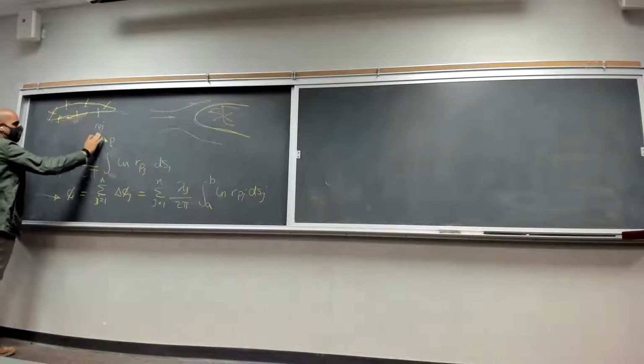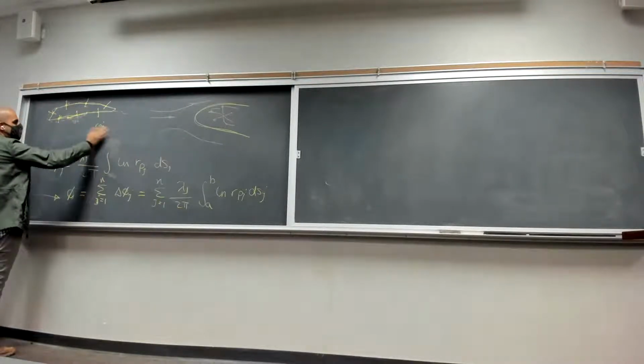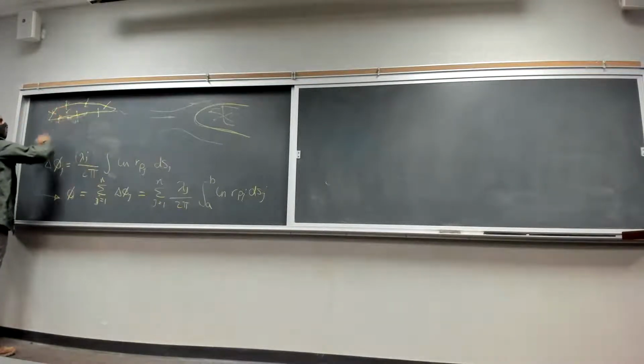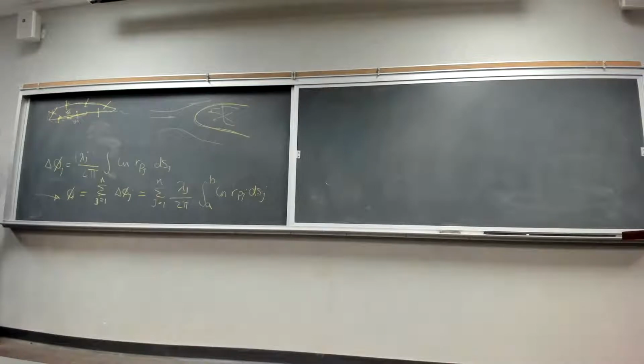So your R, instead of being R_Pj, is going to be R of the velocity potential induced by J on I. So it's going to be R_ij. That's the distance between the two center points of the panels. Does it make sense? Velocity potential induced by this panel on this panel. Okay.